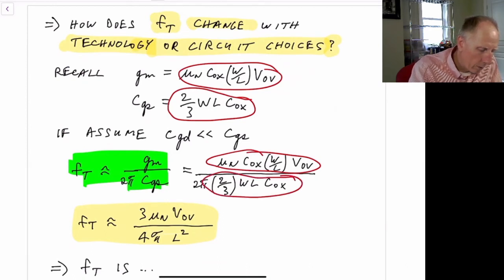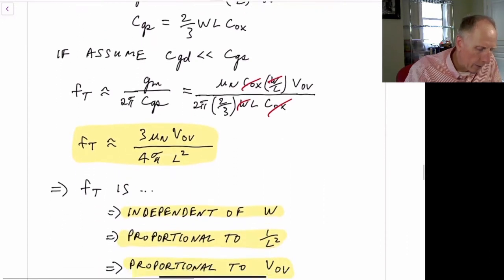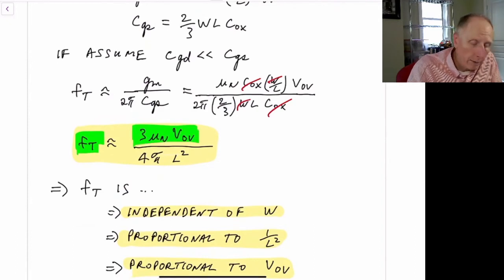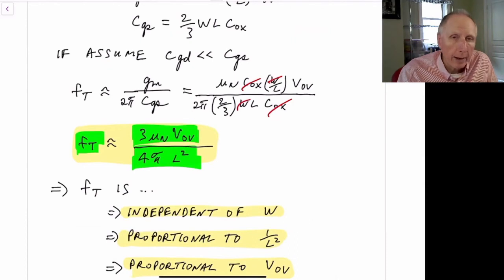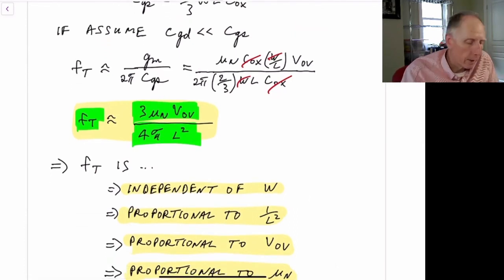And we can now start canceling some things. We see that the W's cancel, the V overdrive stays, but the Cox cancels as well. And so if we rewrite that, we find that FT is 3 times mu n V overdrive divided by 4 pi L squared. So the width no longer comes into play.